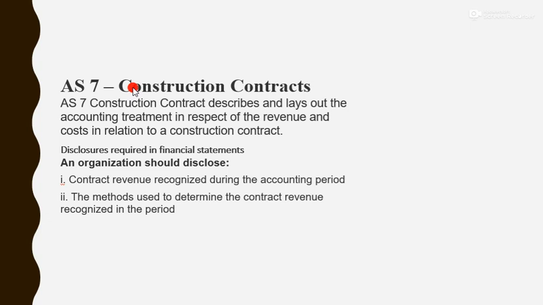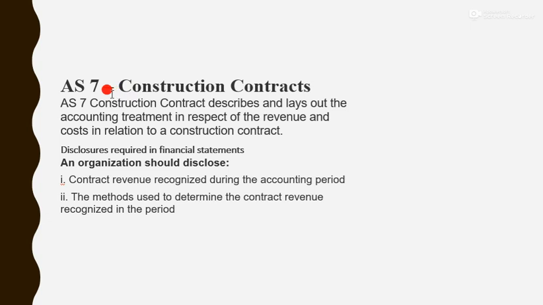For example, constructing a bridge, construction of a pipeline, etc. A contract for rendering services will also come under construction contracts, and a contract for destruction of assets will also come under AS7.